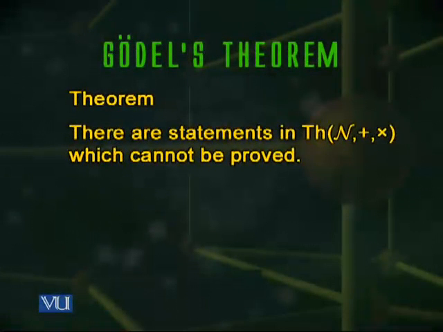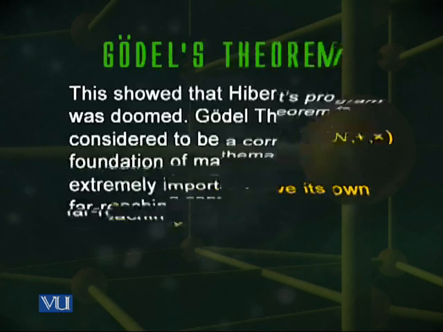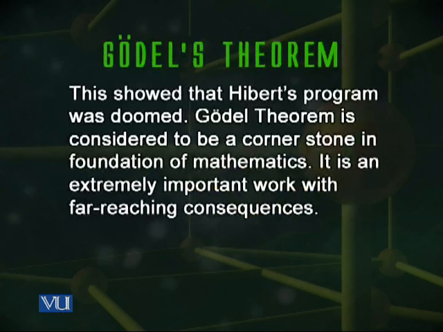Gödel showed that there are statements in number theory which cannot be proved. He also showed that the statement that claims that number theory is consistent cannot be proved in number theory. This showed that Hilbert's program was doomed. Gödel's theorem is considered to be a cornerstone in foundations of mathematics.